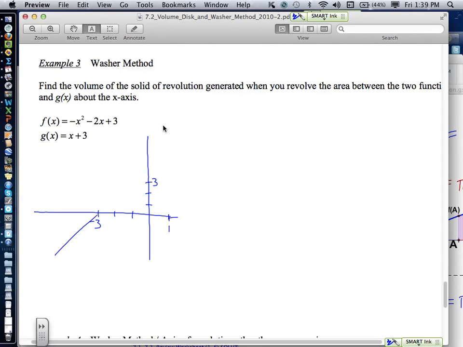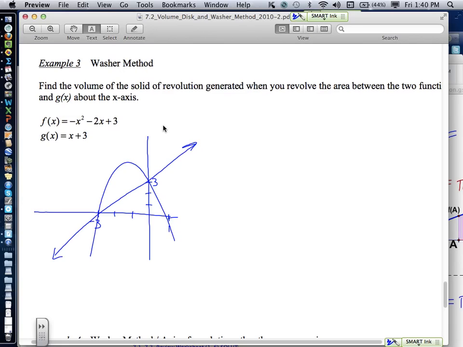We've got a line that goes right up through here like that, and then we've got this as our other curve. Okay, so it looks like you've got points of intersection at x equals negative 3 and at x equals 0. And you could certainly confirm that by plugging those numbers into both equations and confirming that they have the same solution.